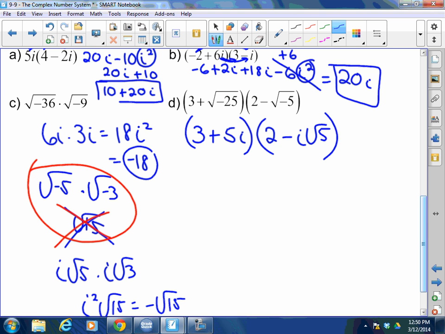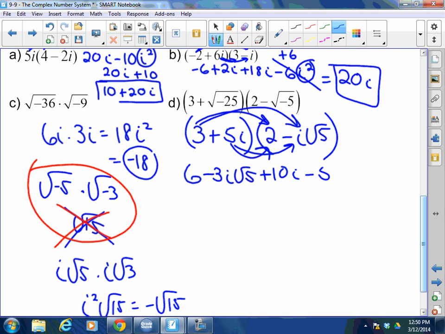So now FOIL. 3 times 2 is? 3 times negative i square root of 5? That's exactly right. Good job. 5i times 2? Plus 10i. 5i times negative i square root of 5.